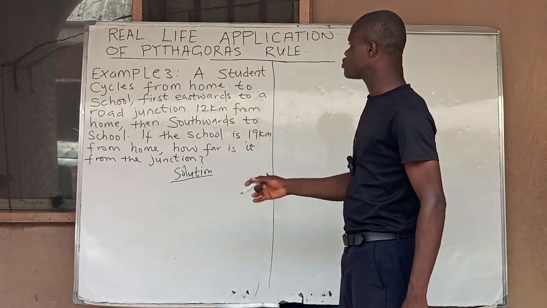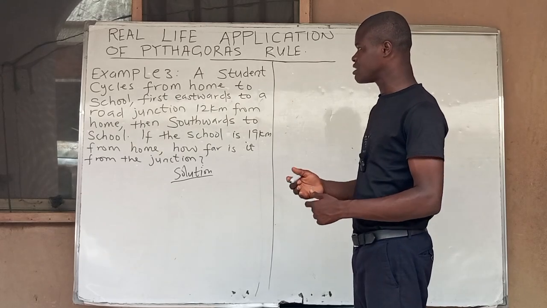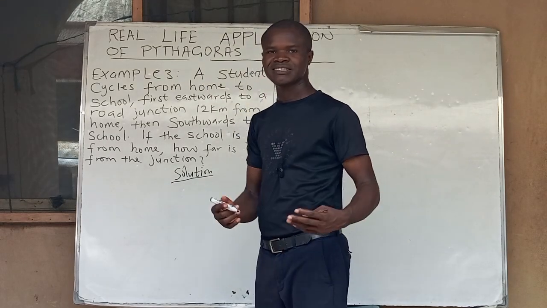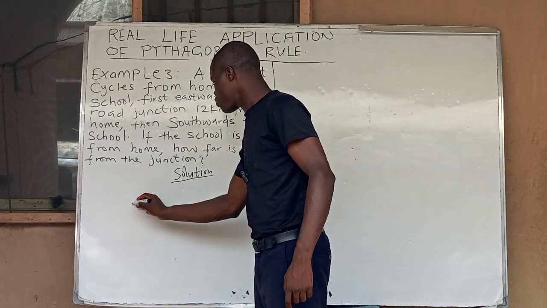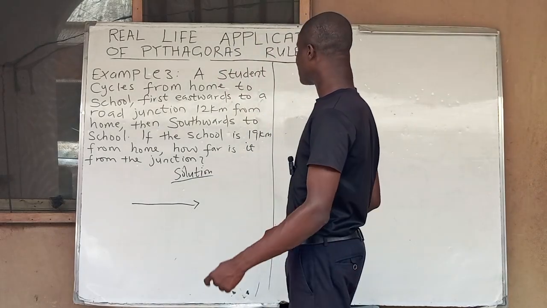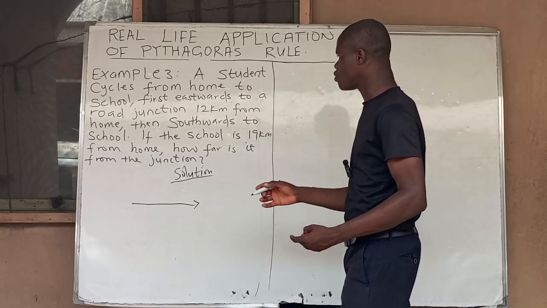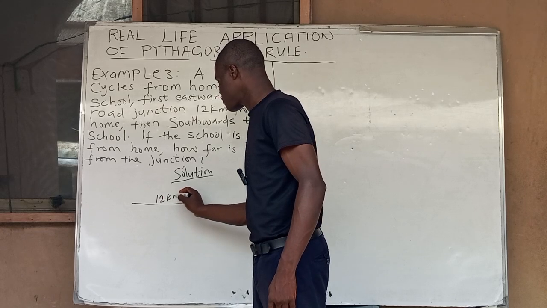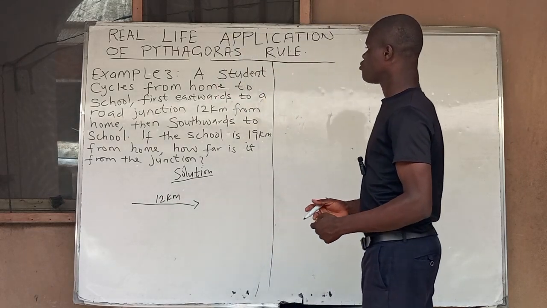Okay, a student cycles from home to school first eastward, of course. If a student cycled east direction, it means he cycled this direction. This is east, this way. And what distance did he cycle eastward? The question says 12 kilometers, from home.